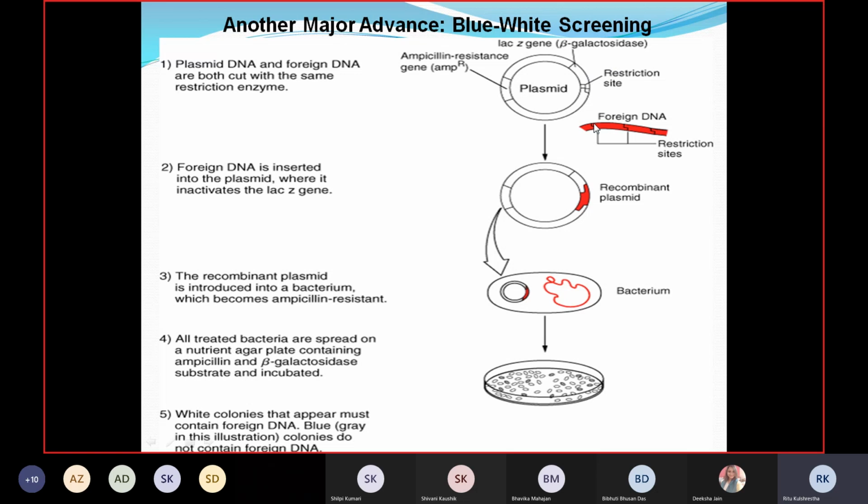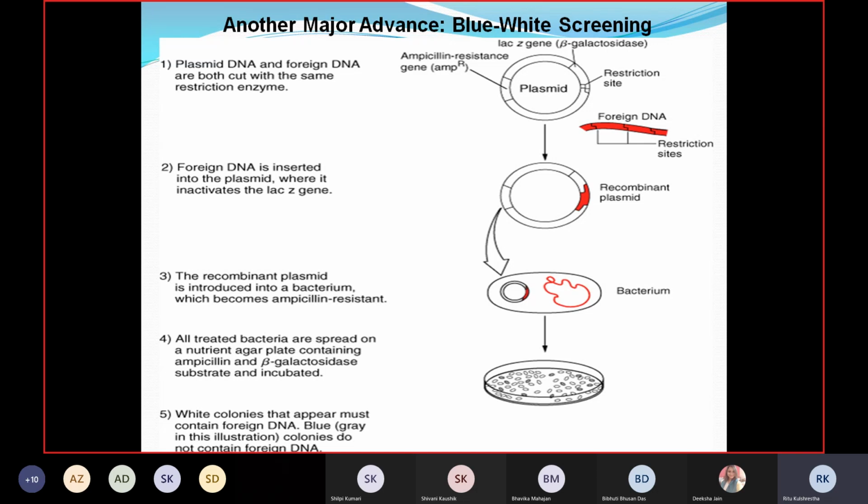Now, what will be the scenario if I have a recombinant plasmid? My gene of interest will get cloned here in the restriction enzyme site, and because of which my alpha peptide will be interrupted. If my alpha peptide is interrupted, the rest of the protein will get encoded by the bacterial strain, but it will remain non-functional because the monomers remain separate.